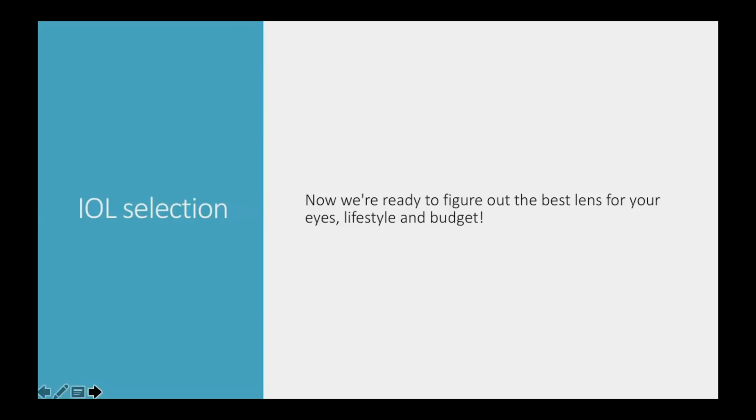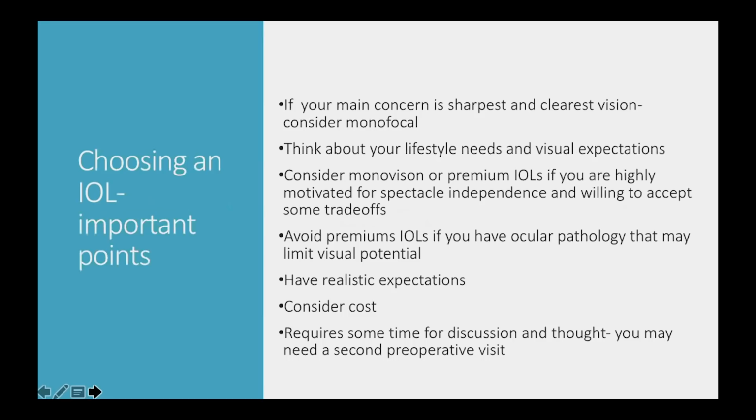So now that you've thought about all these things, you're ready to figure out the best lens for your eyes, your lifestyle, and your budget. Just to reiterate some of the important points when it comes to choosing an intraocular lens. If your main concern is sharpest and clearest vision, consider a monofocal lens. Of course, it does mean having to wear glasses for certain things, but that will give you the sharpest and clearest vision.